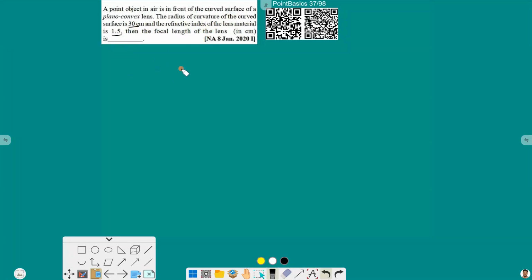So we can use lens maker's formula that 1 by f is equal to mu minus 1 into 1 by r1 minus 1 by r2. Here one of the radius will be infinite.